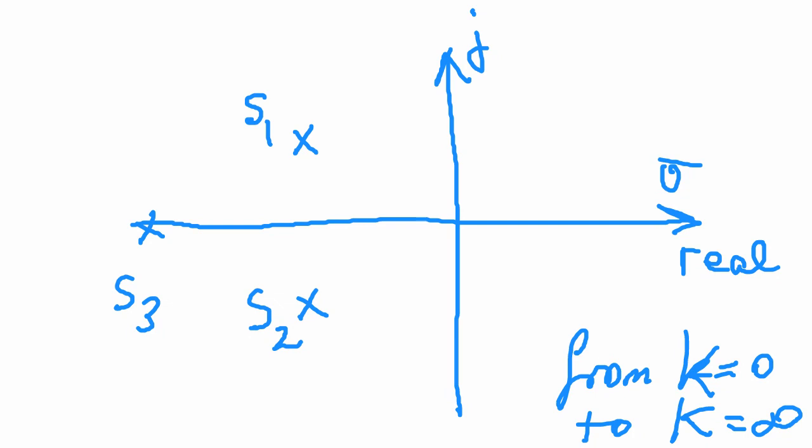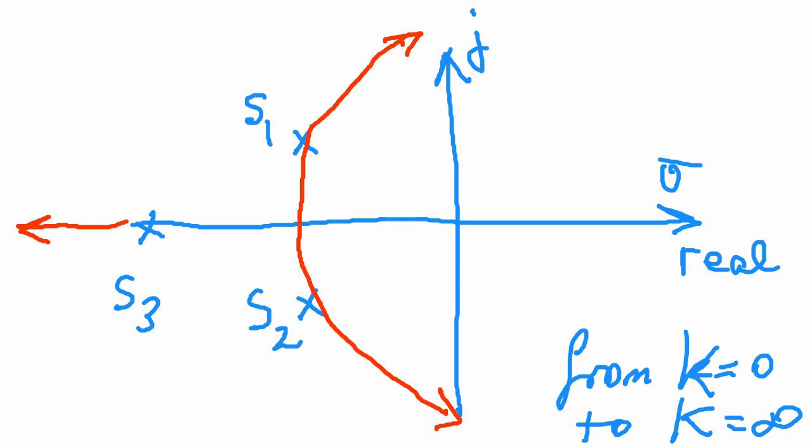With change of K, the trajectory of the location of the poles is moving like this, starting from this point first, coming here, and then changing its direction there and moving. This is K equal infinite point. That is K equal infinite point, and that one, for example, is K equals 0 point.